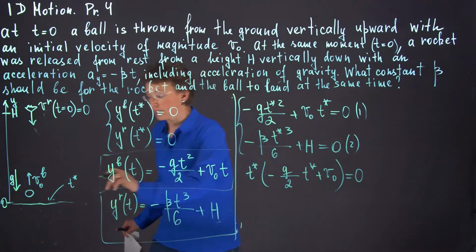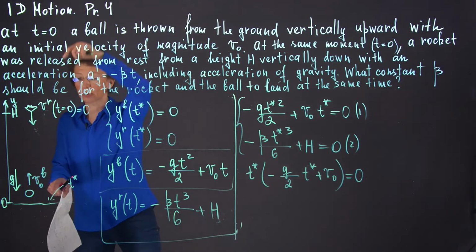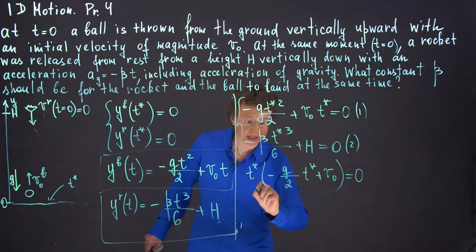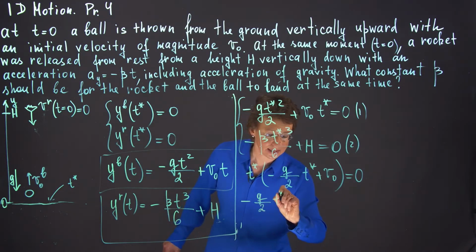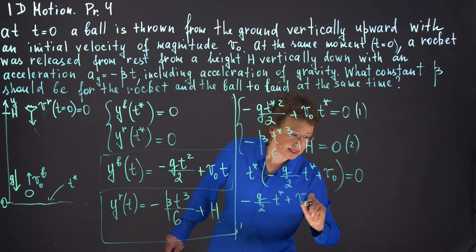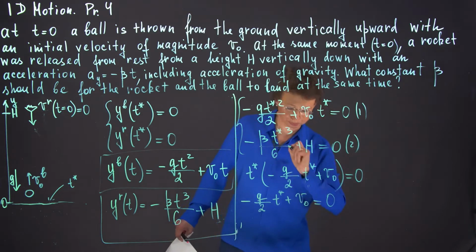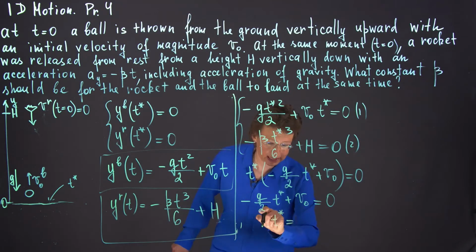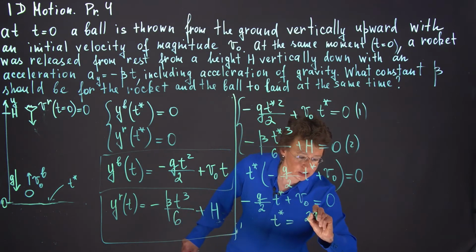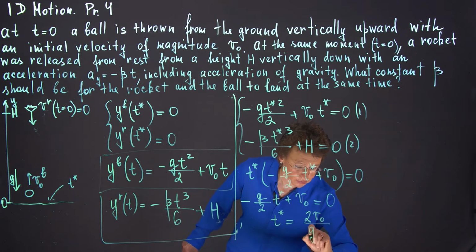We are not interested because that's when the rocket and the ball started their motion. We are interested in the second root, minus g over 2 t star plus v naught is equal to 0. What is t star? T star is equal to 2v naught over g.